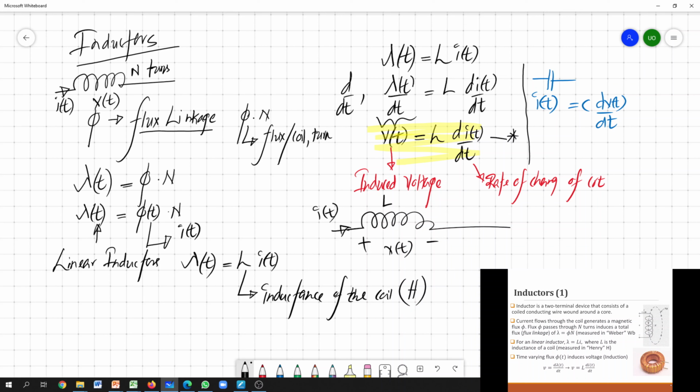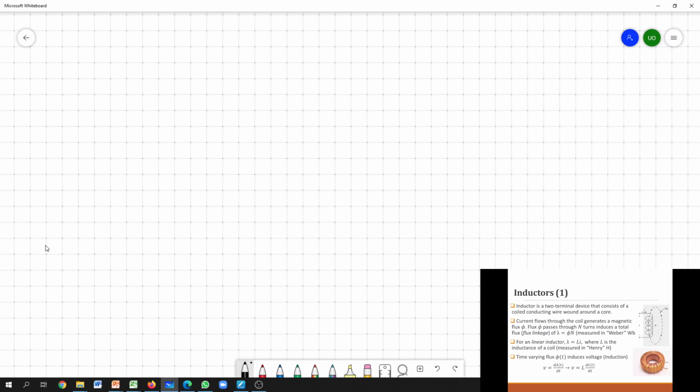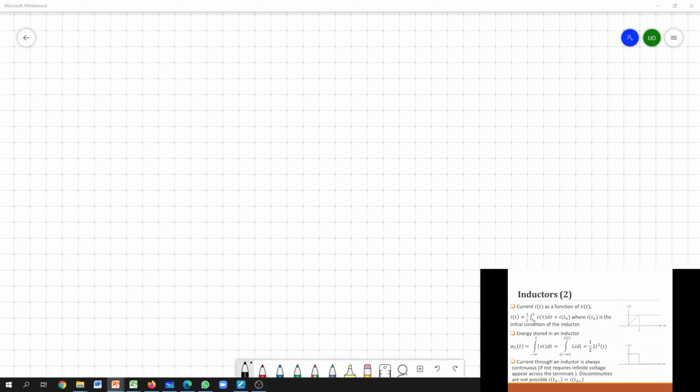This is the fundamental equation which we need to keep in mind. So let's see what we can get from this particular equation.